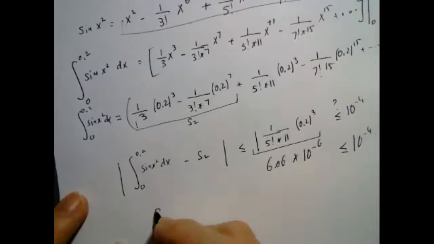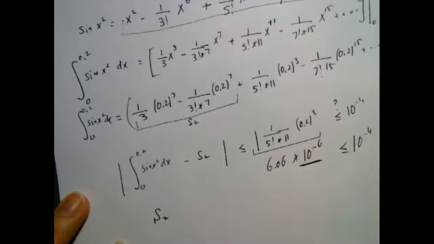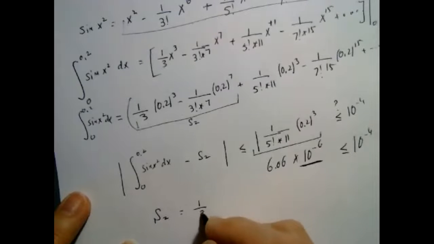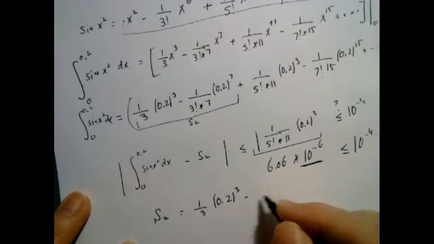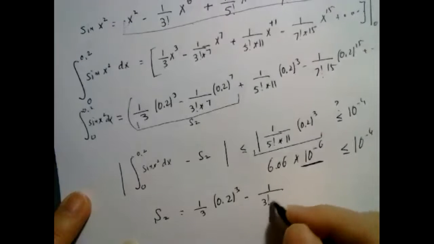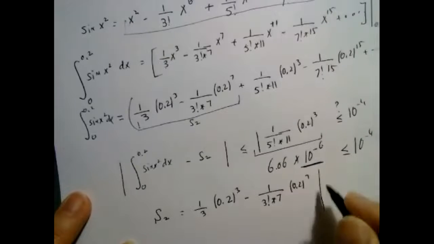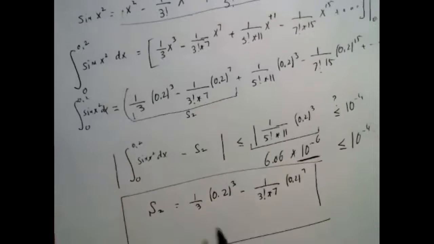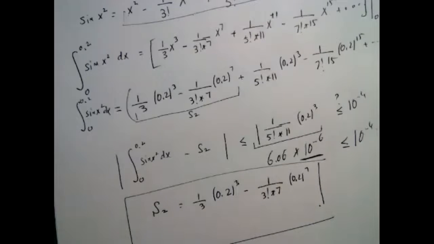So we're going to use S2 to estimate, and it will estimate the actual value of the integral with a very, very small error. So the estimation is 1 over 3 minus 1 over 3 factorial times 7 to the power 2. And now it's just a matter of evaluating this expression, and this will give me S2.